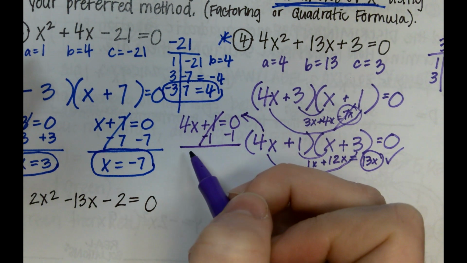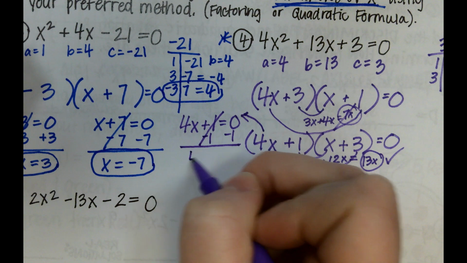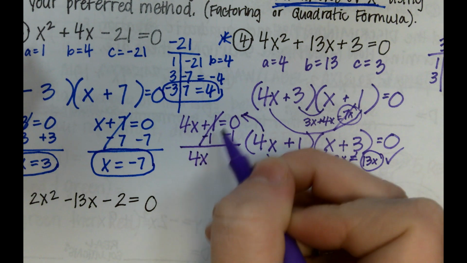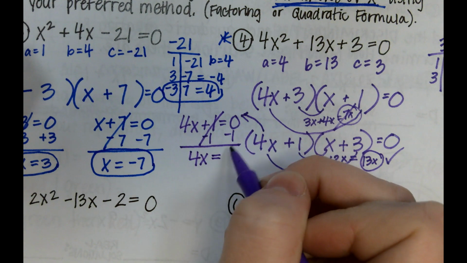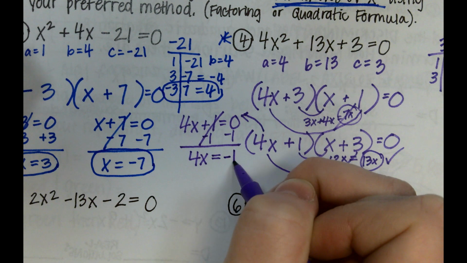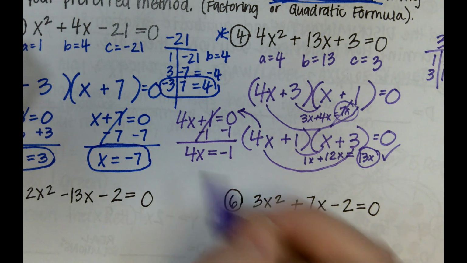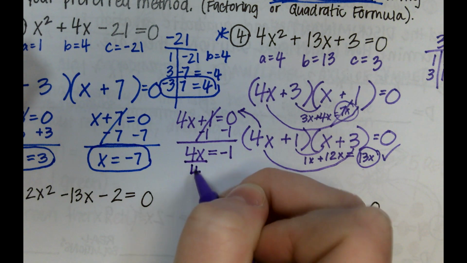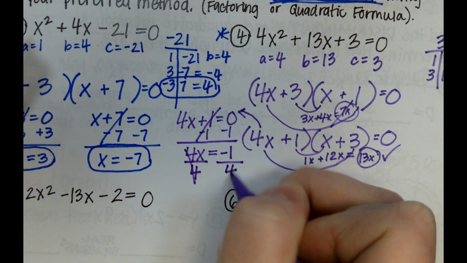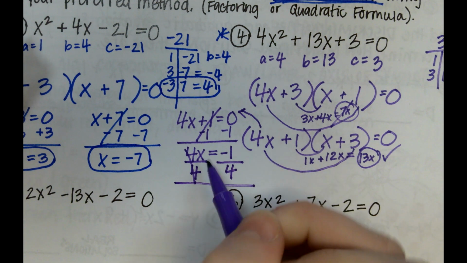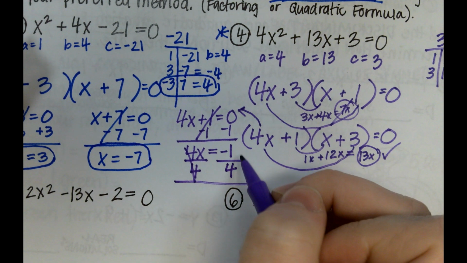And what does that leave me with? 4x equals 0 minus 1, which is negative 1. And what should I do now? Good. Divide by 4. That'll get x by itself. So x equals what?